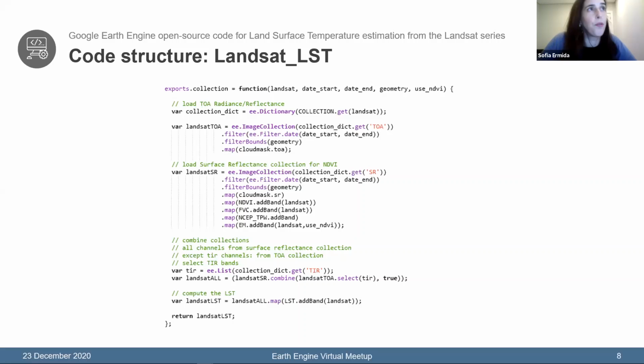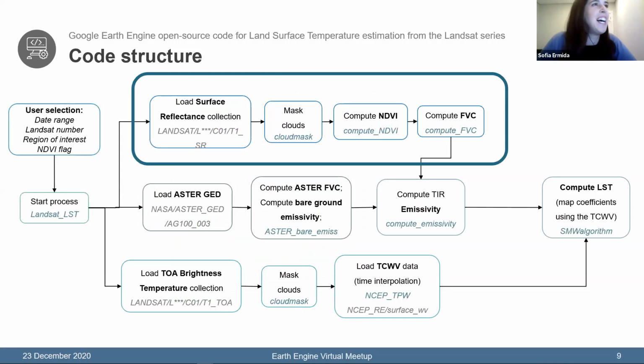So now I'm going to go through the rest of the code. The first phase is to characterize the surface, because we need to know the surface conditions to have a better estimate of the emissivity. To do that, we use the NDVI, the normalized difference vegetation index.